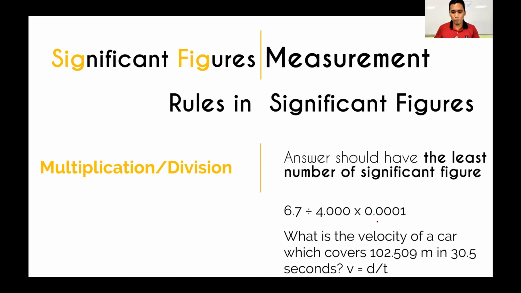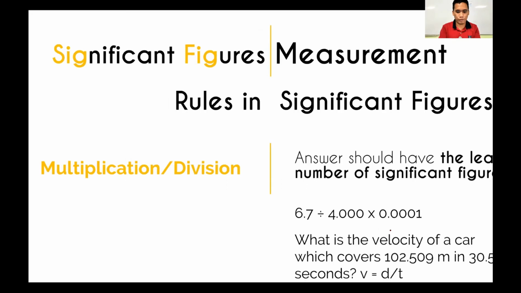Let me use the calculator. Okay, so 102.509 divided by 30.5 is equal to 3.3609550 and so on.